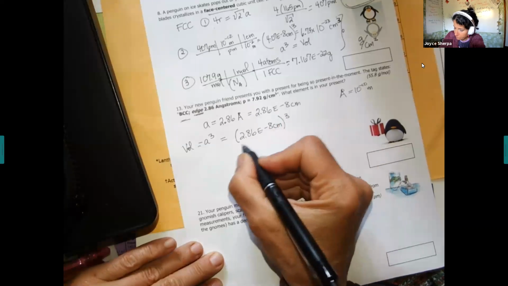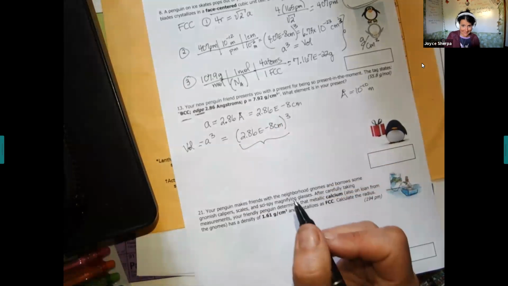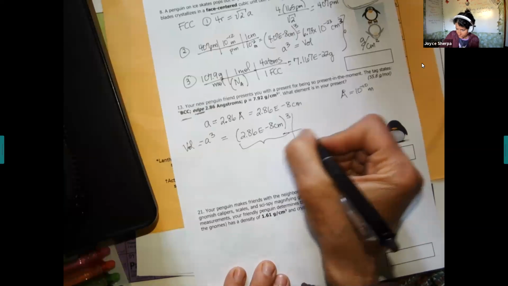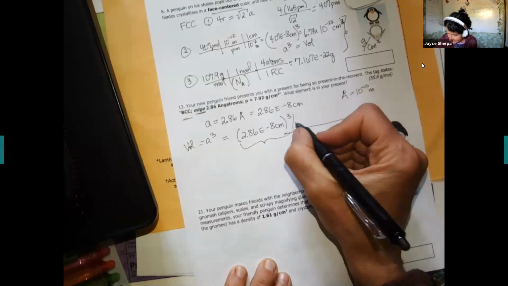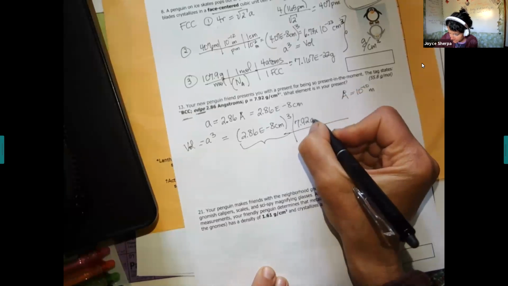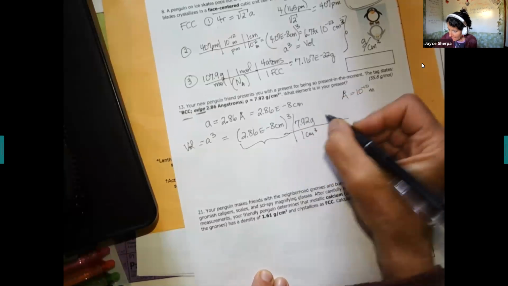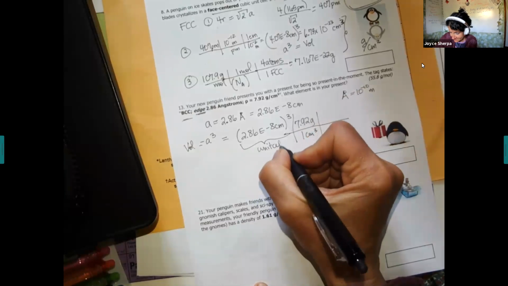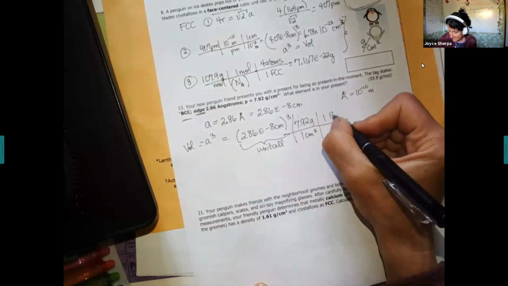I recommend for most of you that you actually figure that step out. But if you want, you can also just keep going and bring the density in, 7.92 grams per cubic centimeter. And then this is per unit cell, or BCC. So 1 BCC is 2 atoms. And then Avogadro's number to 1 mole.